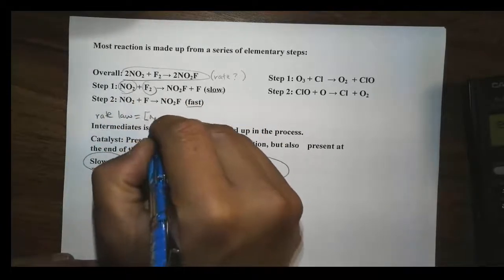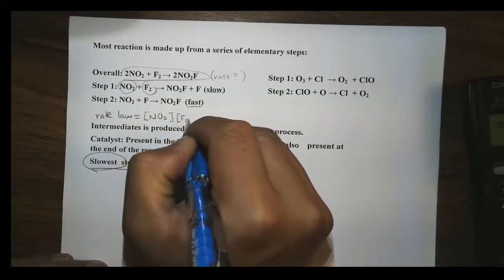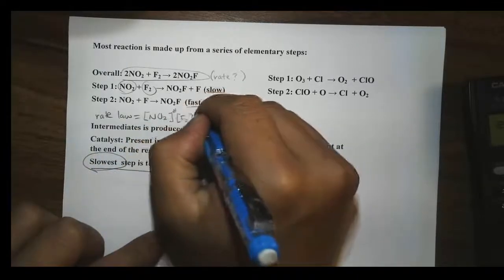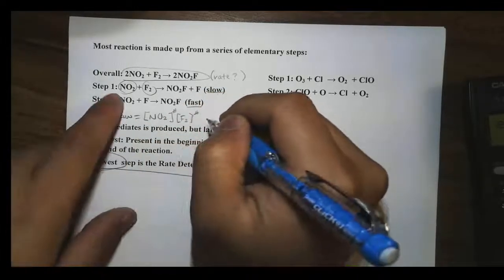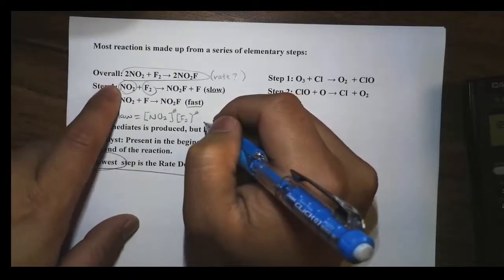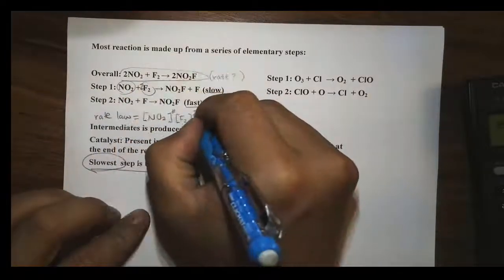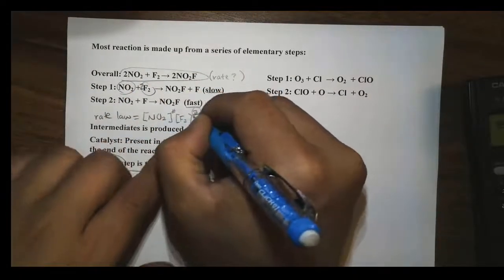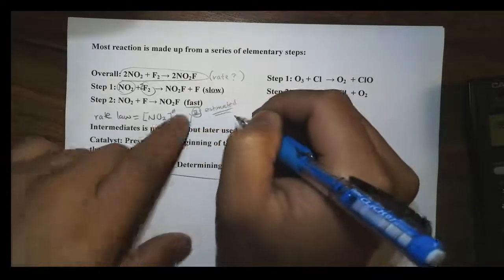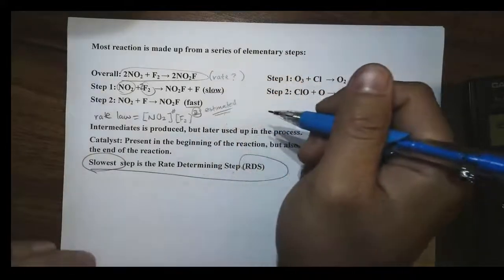So we have NO2, and that would be F2. But we don't have the data to tell us the number of this exponent. So sometimes, to make an estimation, we can actually use the coefficient. So if I were to put a coefficient 2 right there, that number would be 2. But this is estimated, if that makes sense. It's not the actual value. I'll talk about solving for the actual values later.